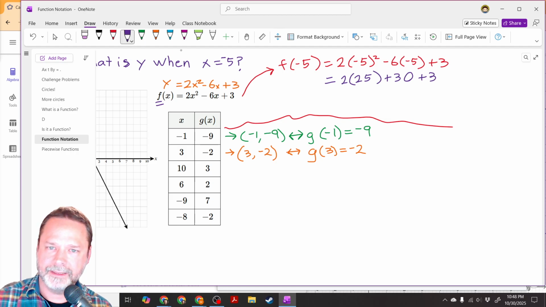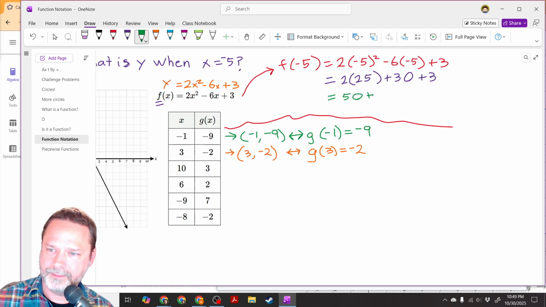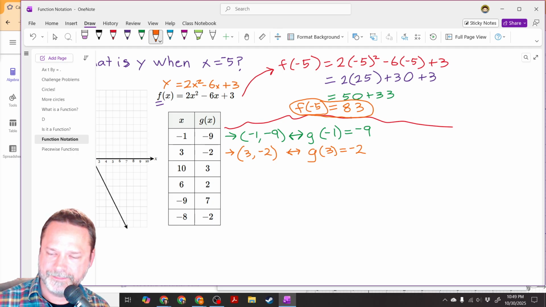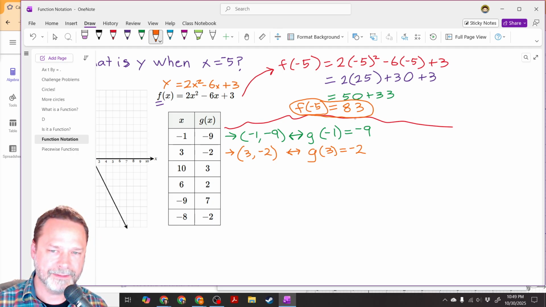So that's really 50 plus 30 plus 3, which is 83. So f of -5 equals 83. If I wanted to solve this little problem that was presented to me, that's how I would do it. Piece of cake. That's all you've got to do.